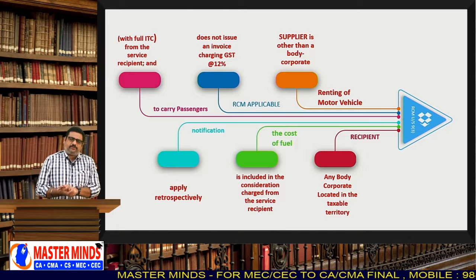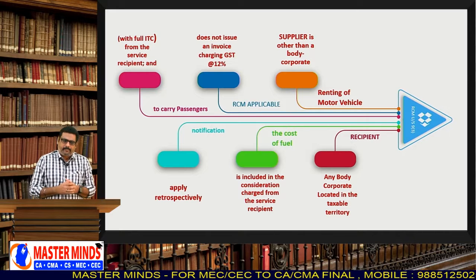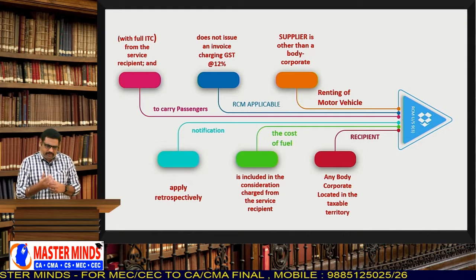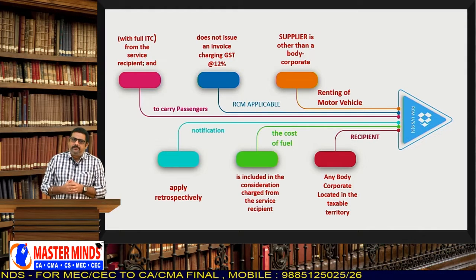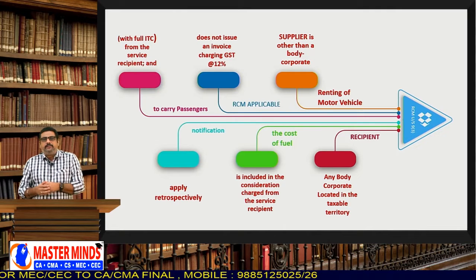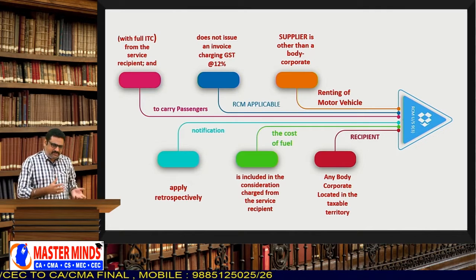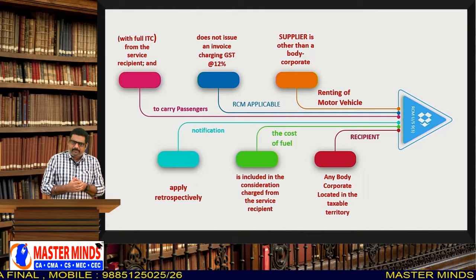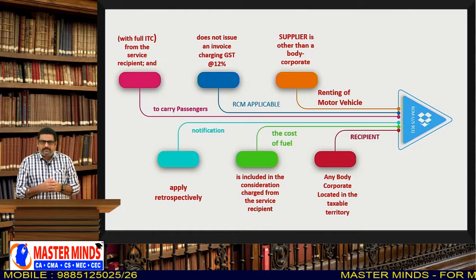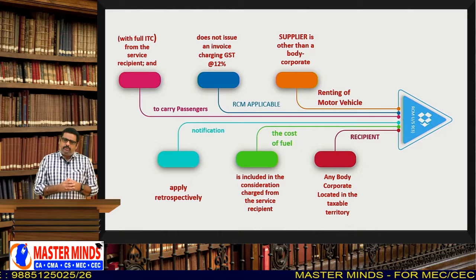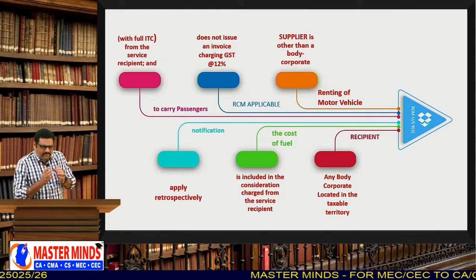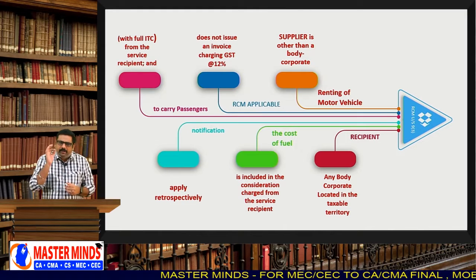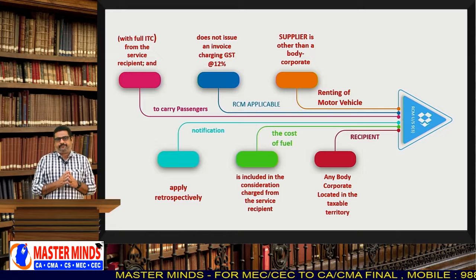Generally, as per Schedule 2, section 7 subsection 1A read with Schedule 2 clarifies that any transaction involving leasing, hiring or licensing of goods will be treated as supply of service.